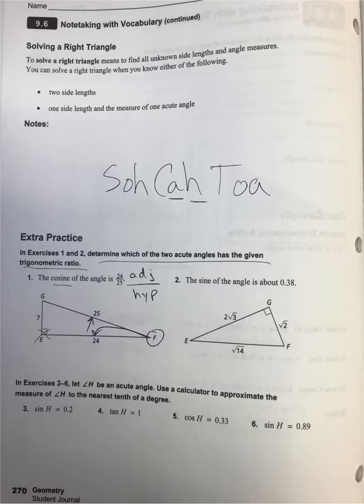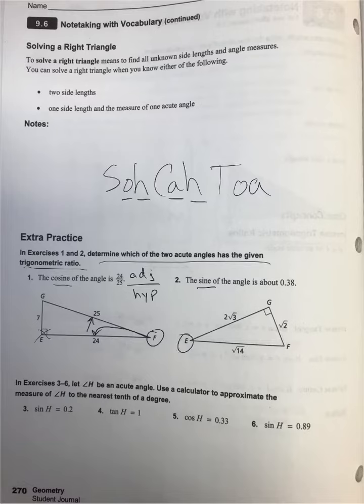Okay, so now let's look at number 2, the sine function. Sine is opposite over hypotenuse. So if we look at this, 0.38 is a decimal. So we're going to have to figure out which one of these angles, either E or F, using the sine function, will give us 0.38 on your calculator. So you're going to need to use a calculator.